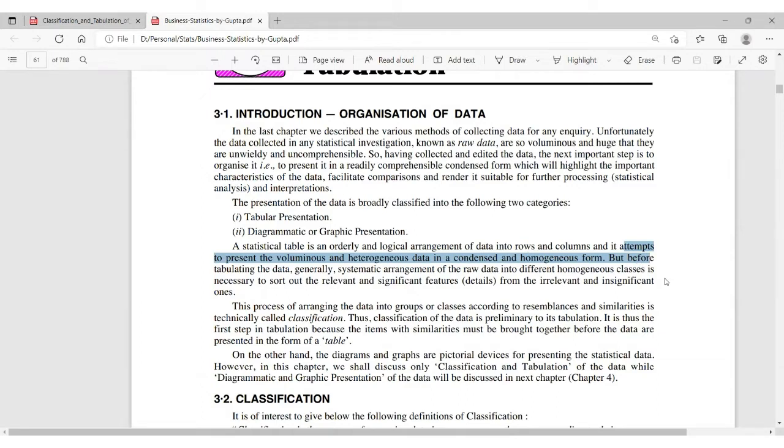So we have raw data. We arrange it in such a manner in some rows and columns that the huge volume of data, which is heterogeneous, meaning we have different categorical heads, is condensed and represented in such a manner that we can easily get the information from that, right?